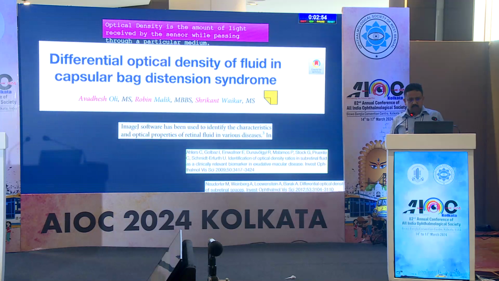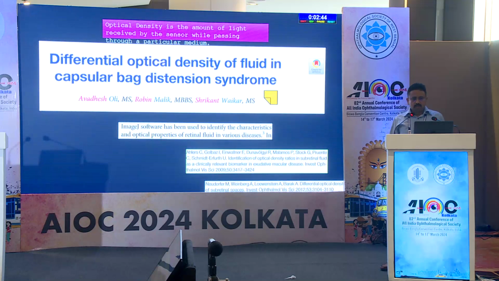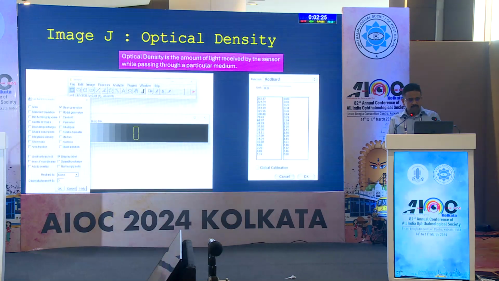We had earlier used ImageJ on differential optical density of fluid in capsular bag syndrome, which are clinically not very evident. Optical density is a concept that calculates the amount of light received by the sensor while passing through a particular medium. Even in ophthalmology, in other conditions like retinal fluid, this ImageJ software has been used, and it is a Java-based free-to-download software.